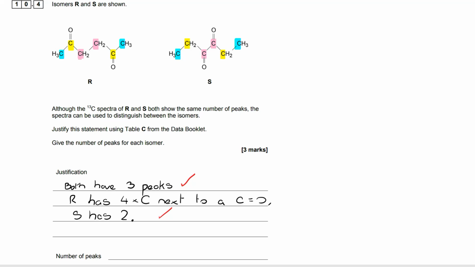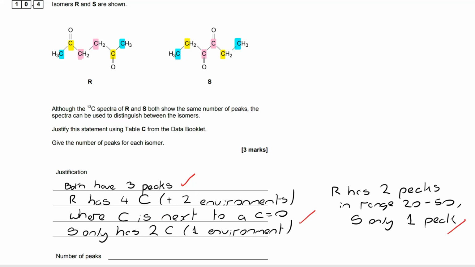But when we actually look at the spectra themselves, we can see that in R, there are 4 carbons that are next to a C double bonded to an O. So 4 carbons next to a C double bond O. S only has 2 of them.